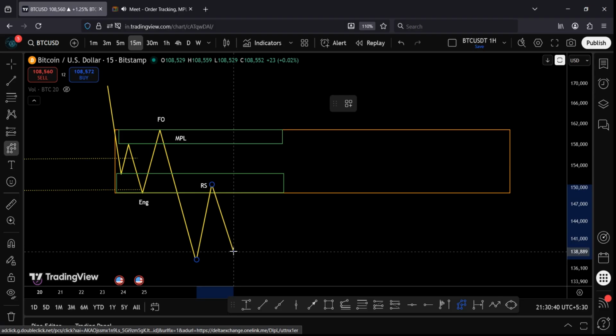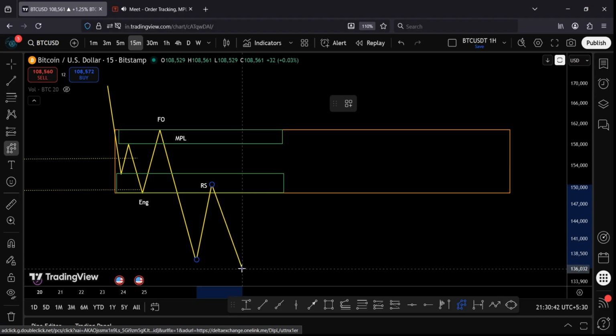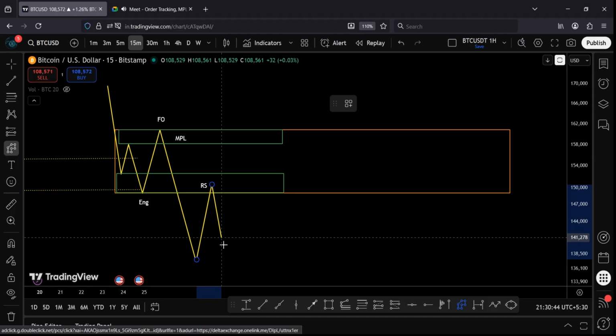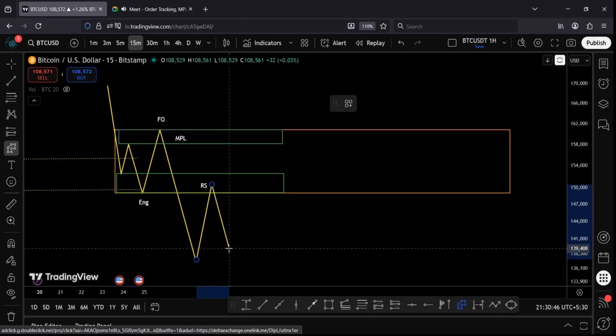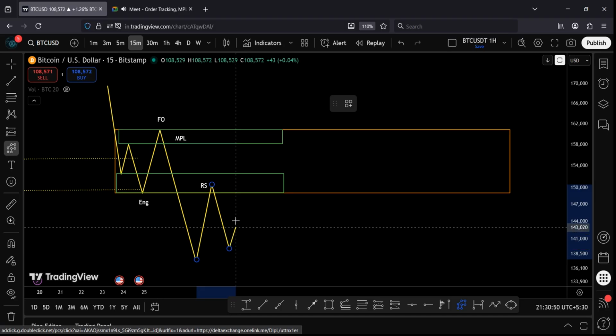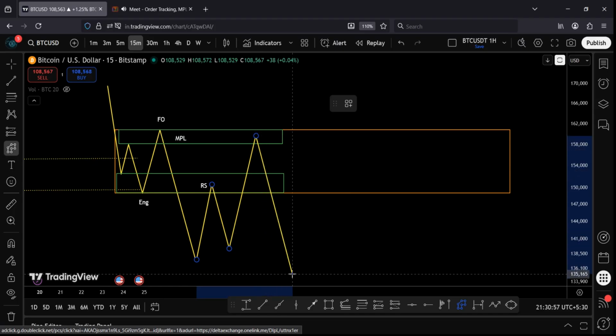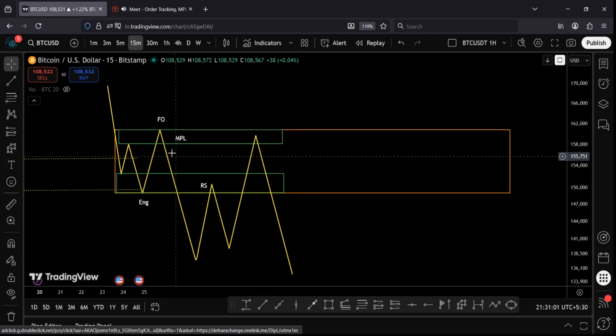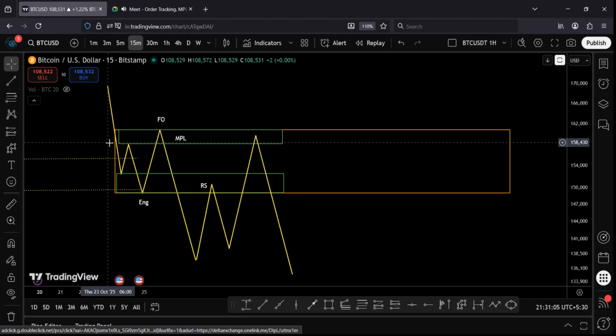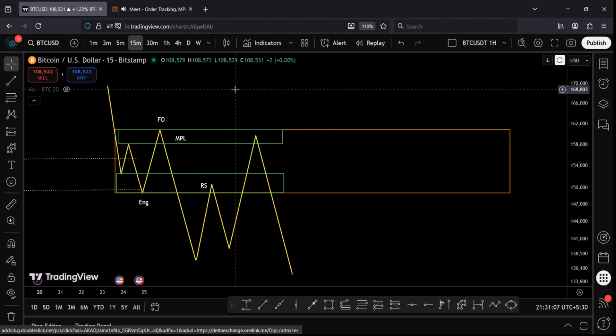Price may fall till here or till here. Suppose price is falling from here, right? Okay. Then what will price do? Price will go up again here. Whenever price goes up again here, this will fall heavily again. Why heavily again? These buyers are in the most pain, right?